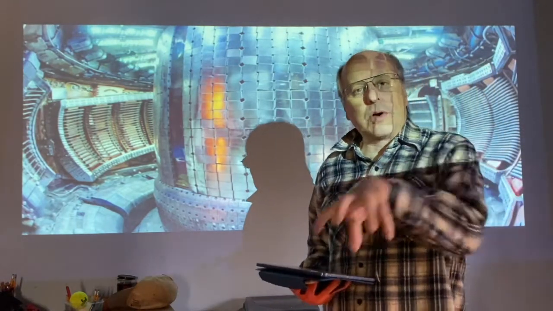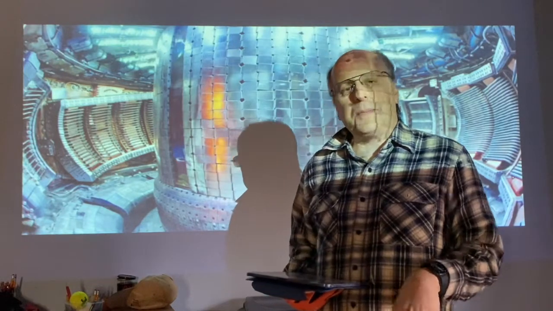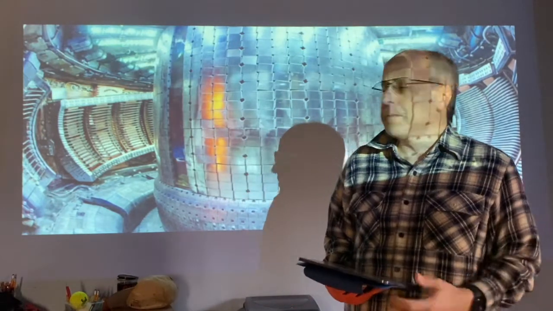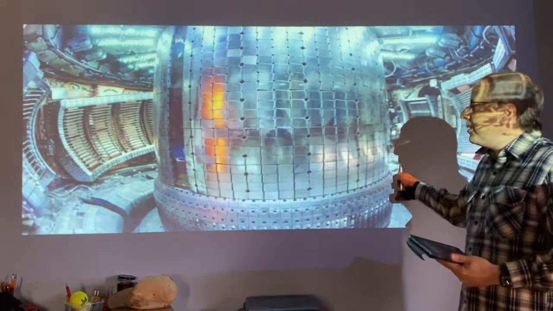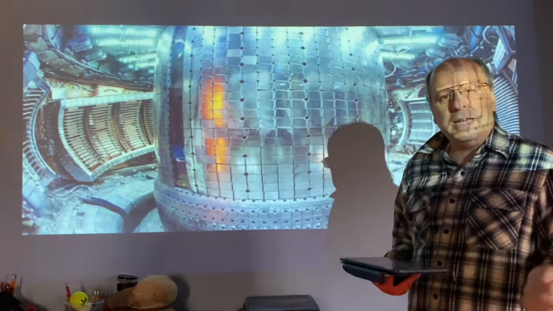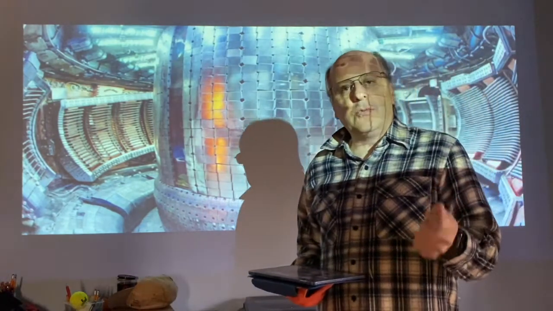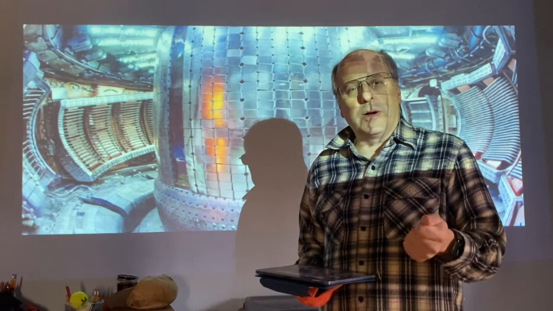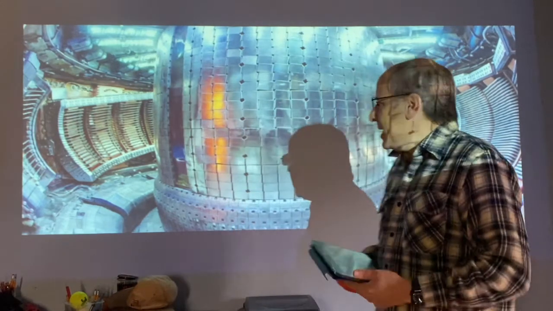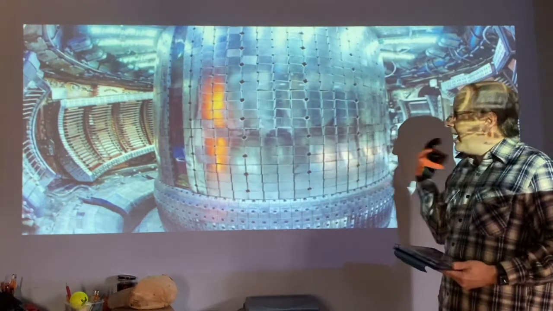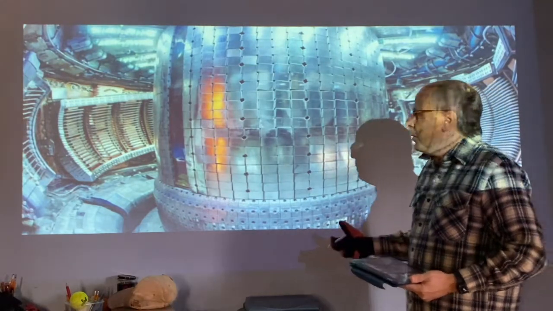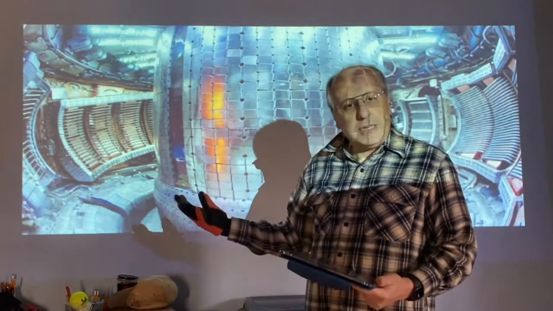We need to put more energy in to create the high temperatures than we're actually getting out. But I have great faith that within the next maybe 10, 20 years, we will find ways of making fusion more practical. Being able to contain that high energy plasma using magnetic fields or lasers.